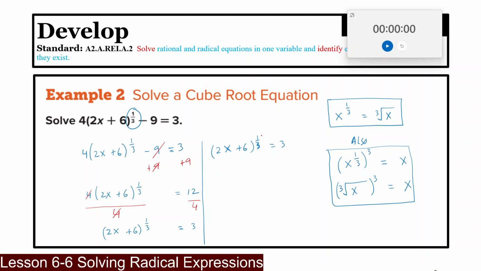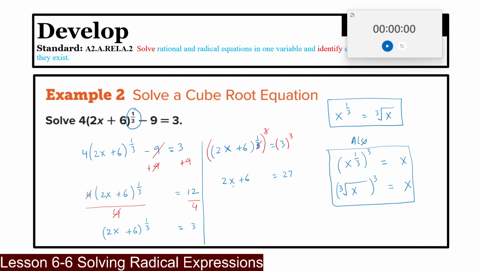Well, here's what I'm going to do. I'm going to raise all of this to the 3rd power and do the same on the right side. And when I do that, this 3 crosses out this 3. So I don't have an exponent outside now. So what do I have? Well, I have 2x plus 6 equals 3 raised to 3, which is 27.